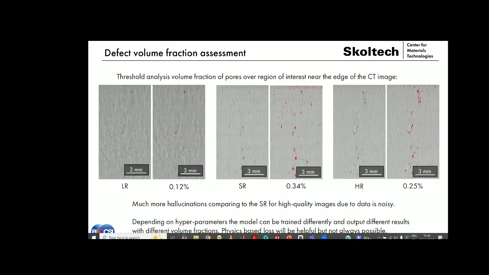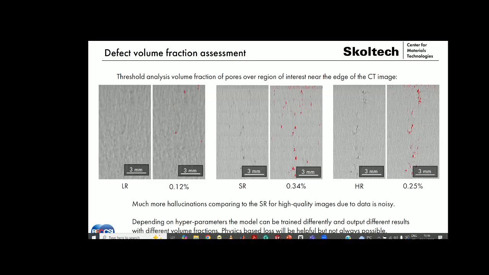And if we look at the parts of the image near the edges, we can see a lot of hallucinations. These are defects that were generated out of thin air. Originally there are no defects here, but they were generated, and compared to the original images, the defect fraction was much higher than it should be.